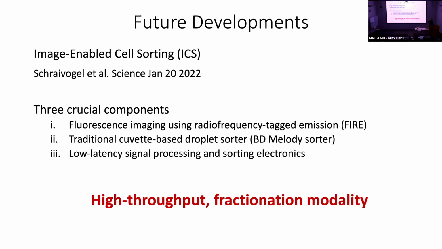So this has been a game changer, because now the field is really moving towards trying to merge all of these things together, getting a blur-free image, moving towards higher and higher resolutions, okay? So we can't necessarily use this system to sort 20,000 events per second.